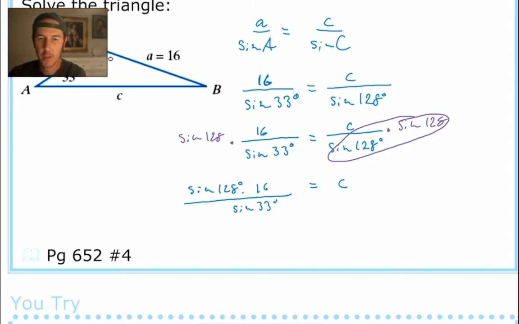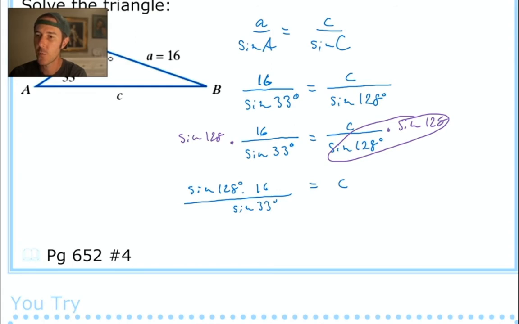And then I'm going to type this equation in almost exactly as it appears. I'll hit sine, which gives me a parenthesis automatically, 128, and then I need to close my parentheses, and then times 16, and then divided by sine again, 33. You can close your parentheses or not right there at the end, but I'm going to close them and hit enter.